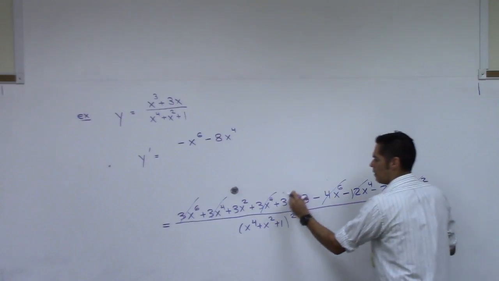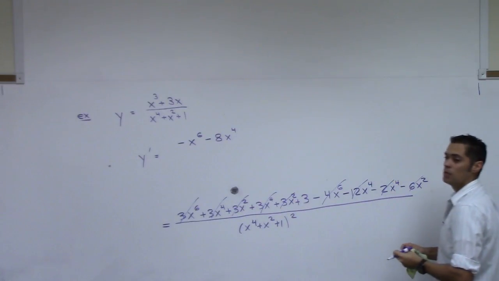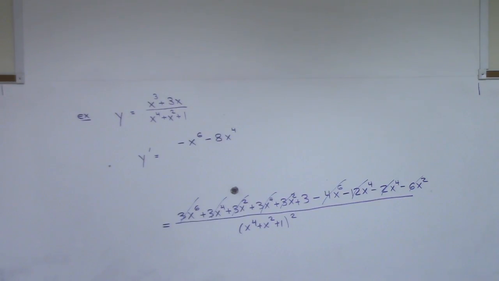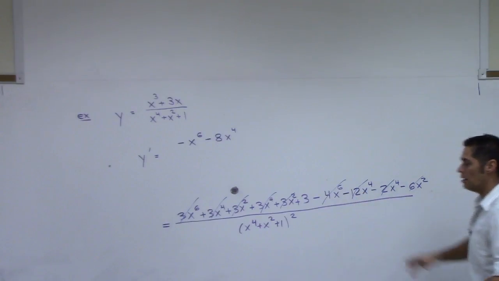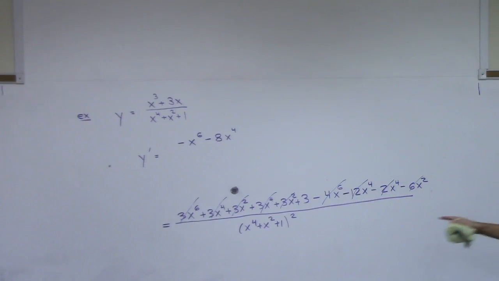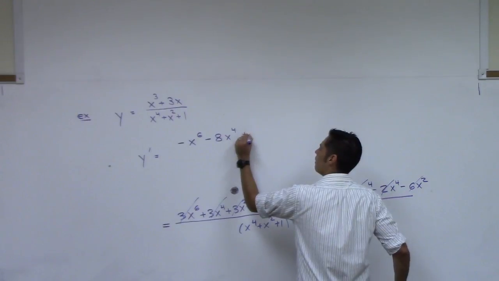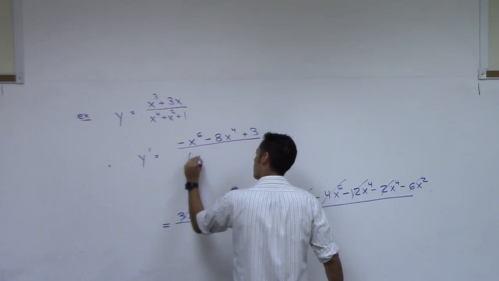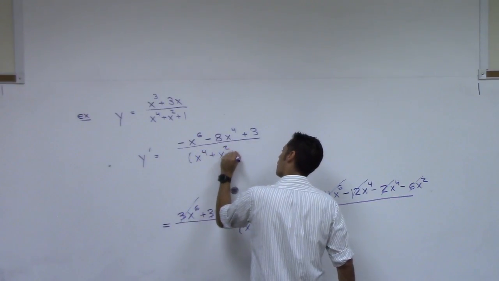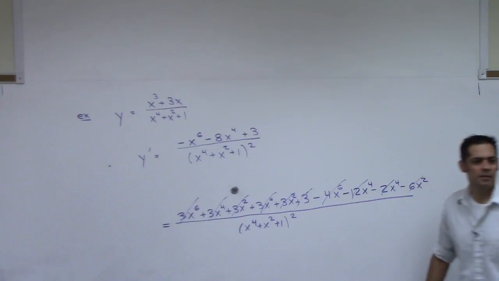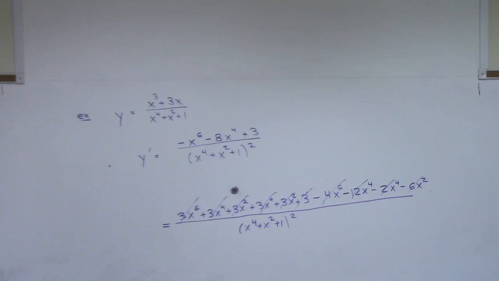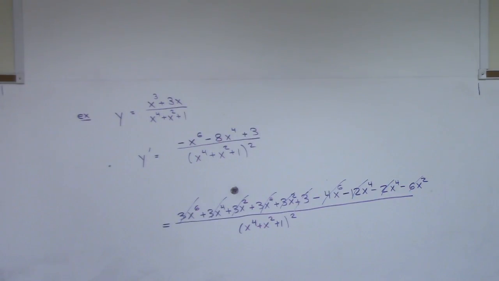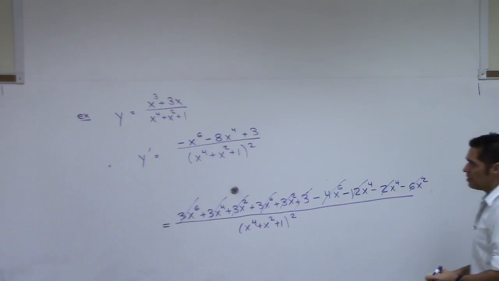They're all gone. Did I mess something up? No. I'm good? You have a question? You sure? Okay. And then we still have plus 3 in here, and then all over the denominator squared. Okay. Made it. So this would be the derivative, right?